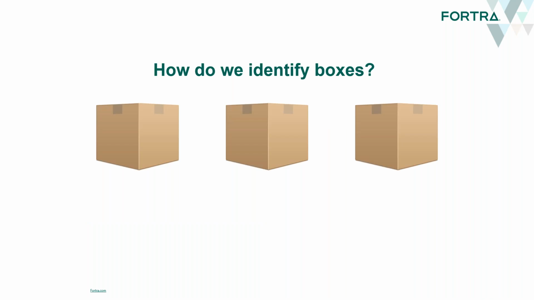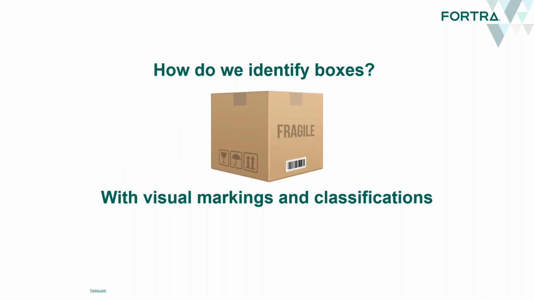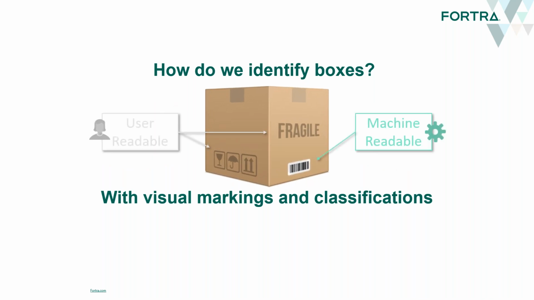So where does data classification come into play? Well, I like to use the analogy of a UPS or a FedEx box. How do we know what's inside those boxes, inside a file, for argument's sake? Well, in the shipping world, they put visual markings on it, and they put machine readable labels on those boxes, so we know whether it's fragile and how that box should be handled.